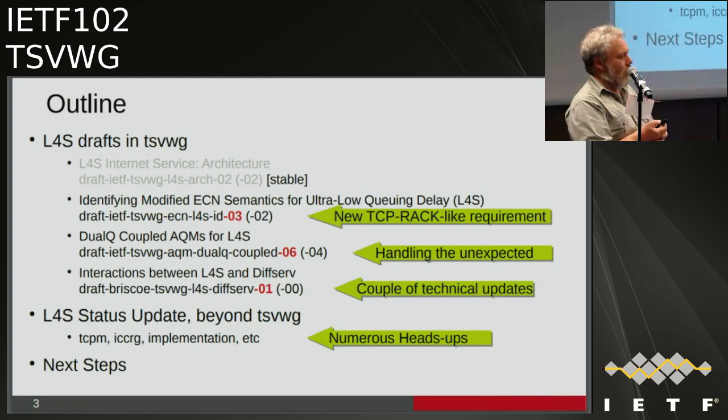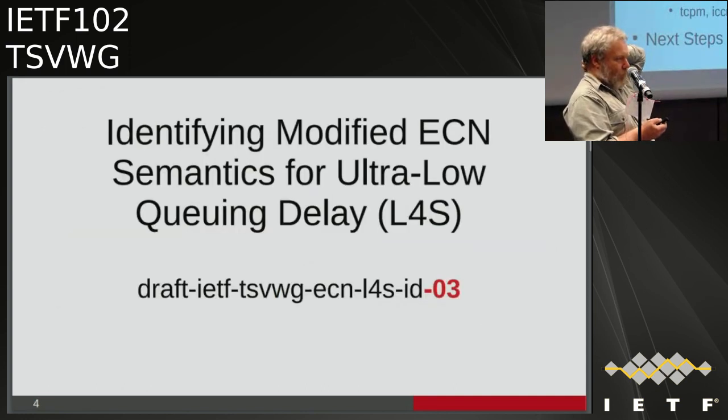I presented that last time, so I'm only presenting updates this time, but I will try and give an outline of it as well for those that missed it last time. And then I'm going to give a couple of slides on just a general status of L4S, a sort of state of the nation on L4S, and end up with next steps.